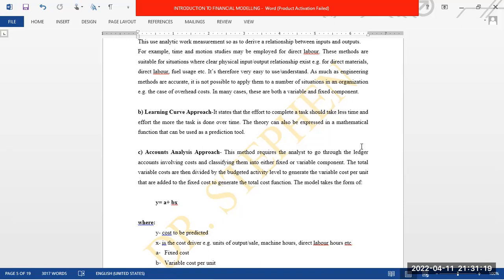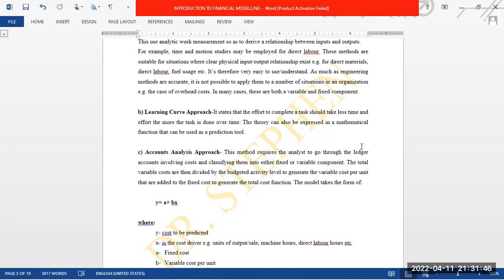This method requires the analyst to go through the ledger accounts, involved costs and classify them into either fixed or variable cost, and the total variable cost is then divided by the budgeted activity level to generate the variable cost per unit that is added to fixed cost to generate the total cost function.